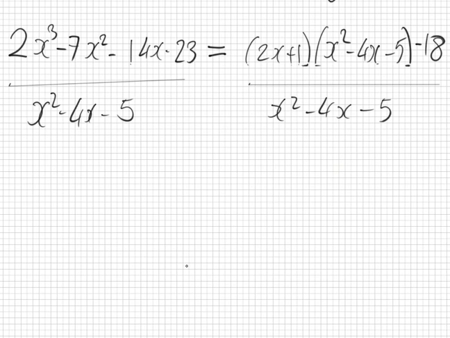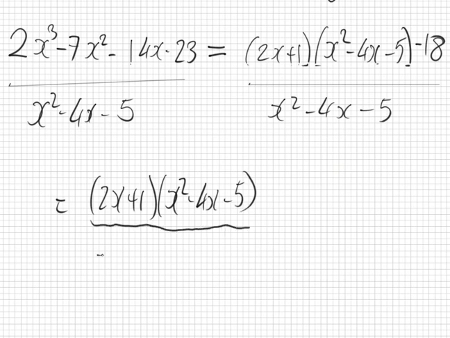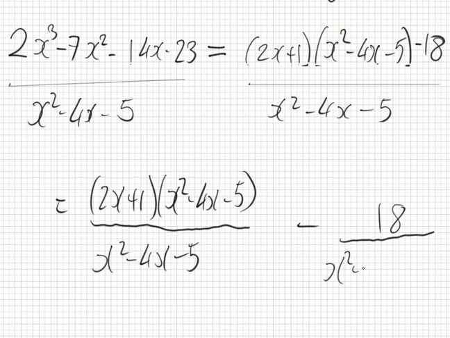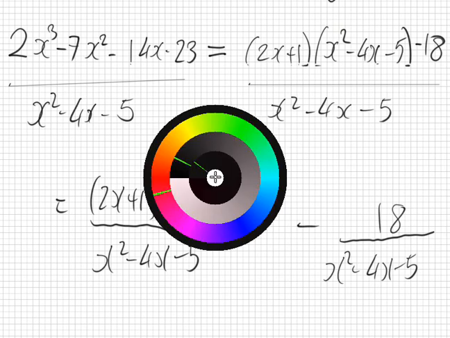So my original question becomes 2x plus 1 times x squared minus 4x minus 5 over x squared minus 4x minus 5, minus 18 over x squared minus 4x minus 5. Remember? Elementary school. Yep. Now, what happens in the first fraction? Now it cancels.